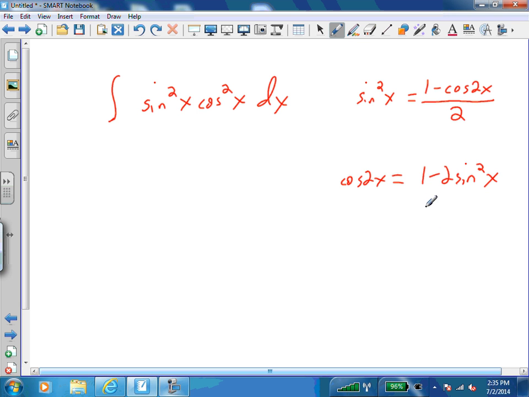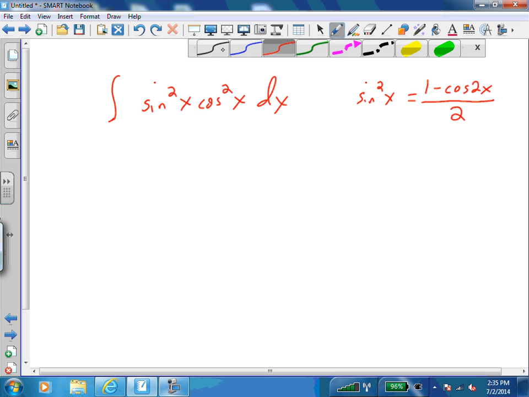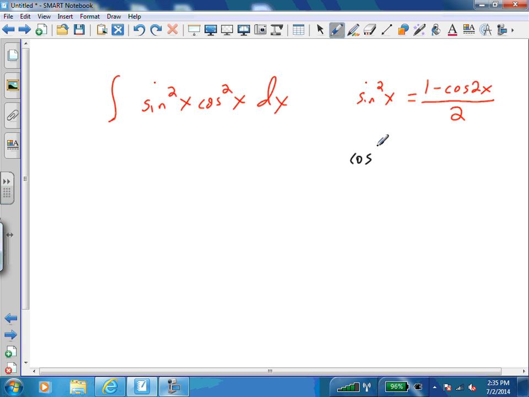If you were to solve that for sine squared, you could get 1 minus cosine 2x over 2. Sometimes that's called, I believe, power reducing, because on the left we have sine squared, on the right we have cosine. Now it changes the angle. I could have the wrong name for it, too, but that is one thing it does. Cosine squared is similar, except it's 1 plus cosine 2x over 2.